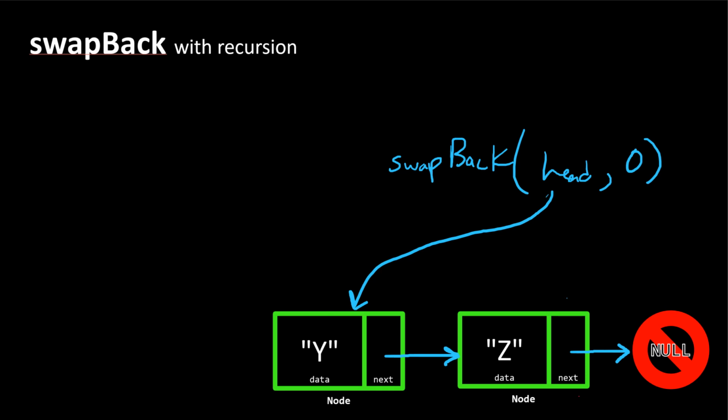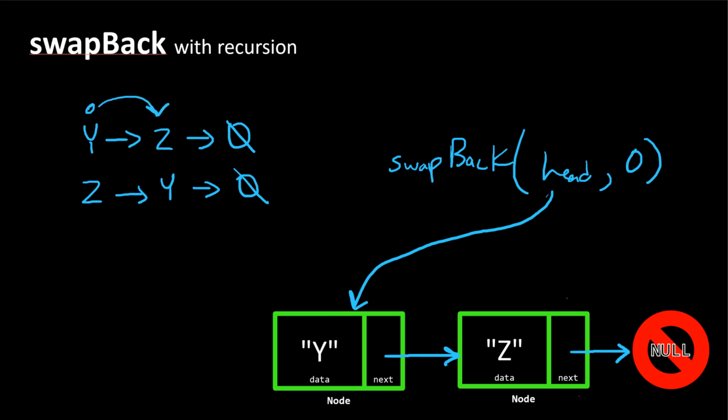And our goal here is to have no longer a y z null list, but instead z is our new head, y is our next node, and finally y will refer to null. We want this to be the outcome of swapping back index 0. We're swapping back y, so it is going to swap with z.